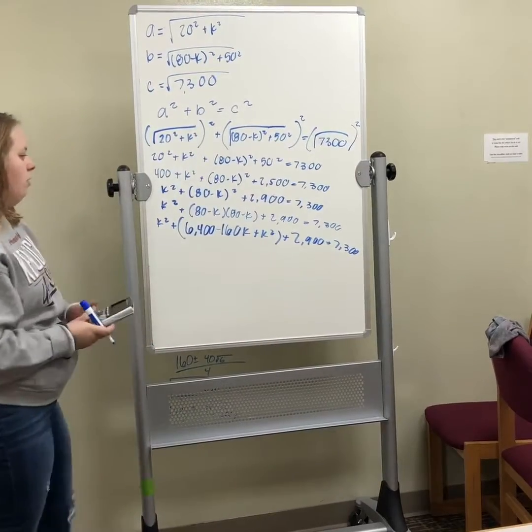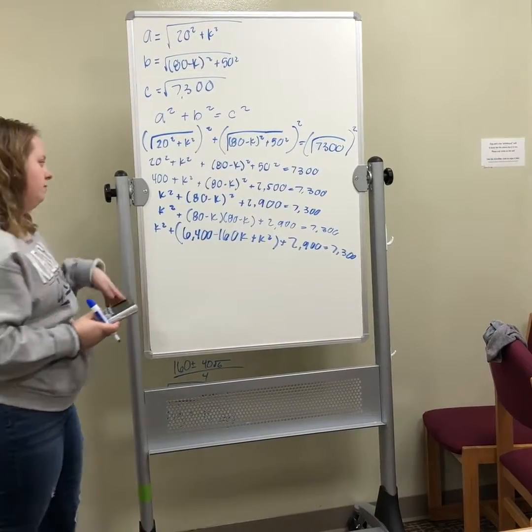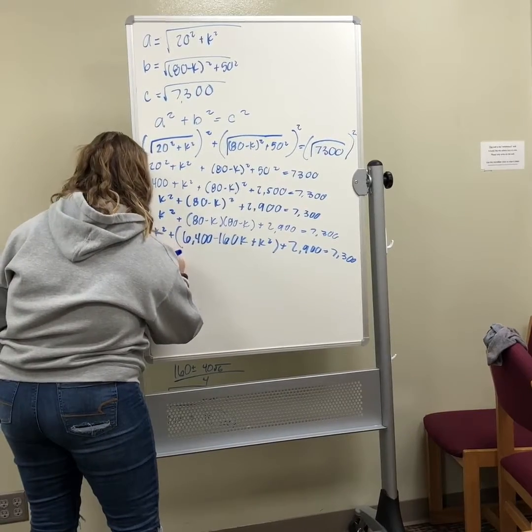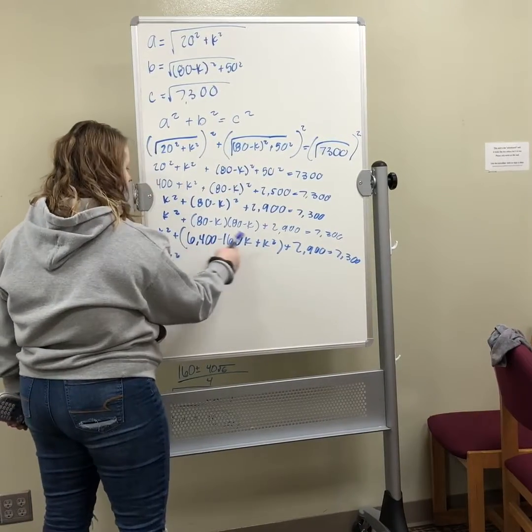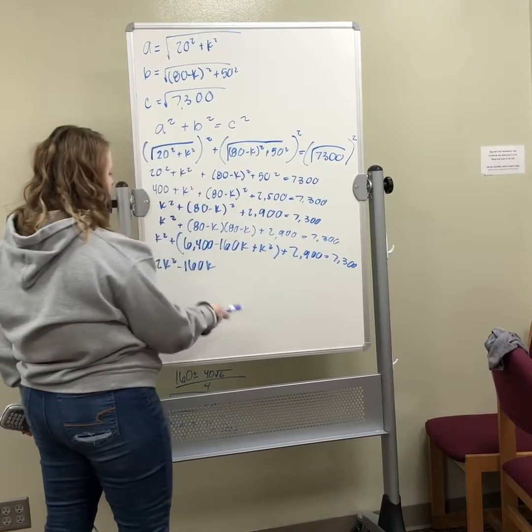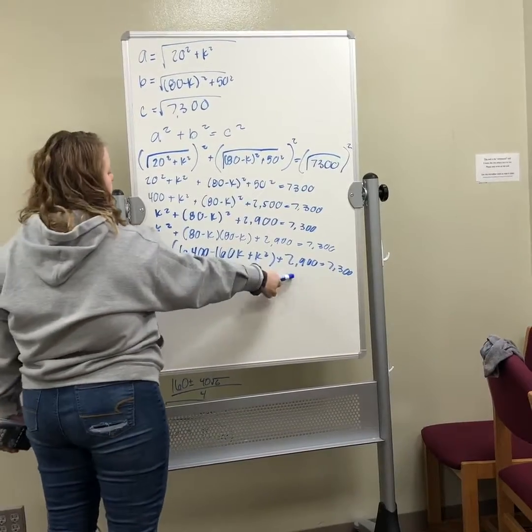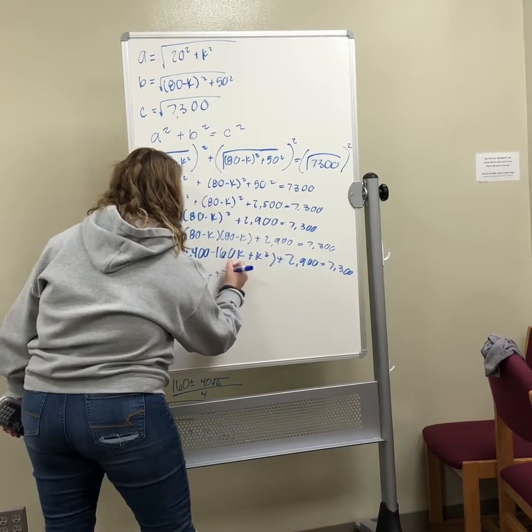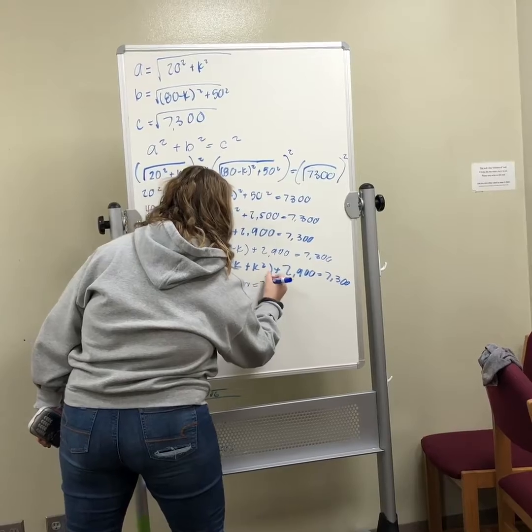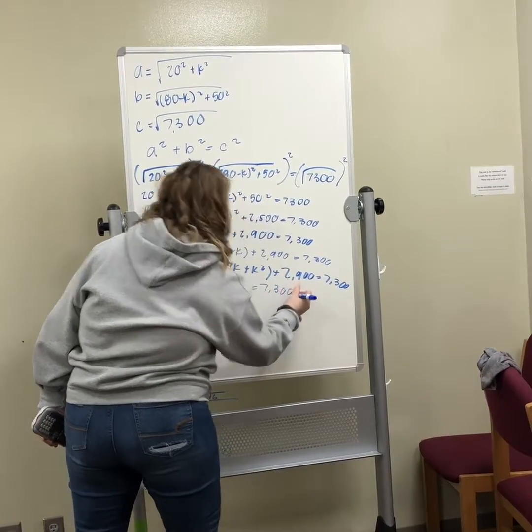Okay, so now we're just again going to add our terms. k squared plus k squared is going to be 2k squared minus 160k. And then we can add the 6,400 and 2,900 to get 9,300 equals 7,300.